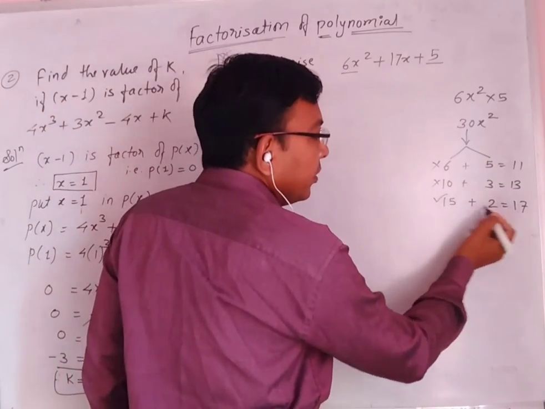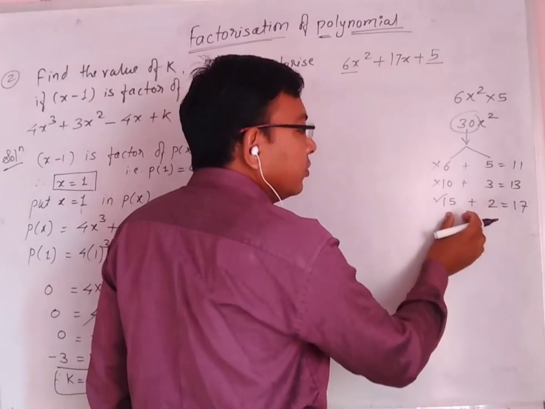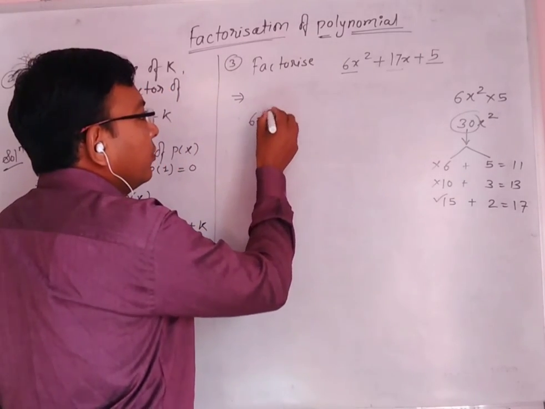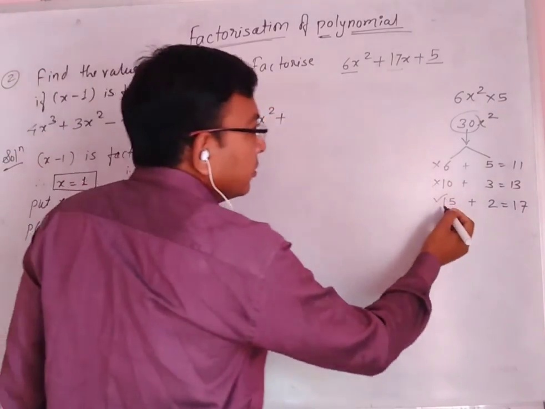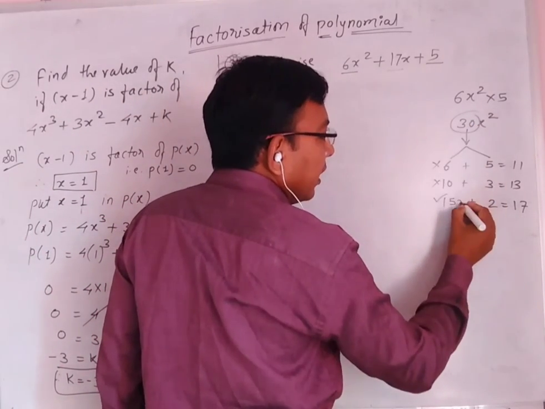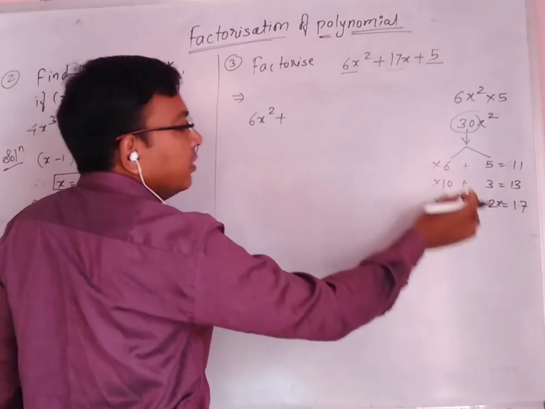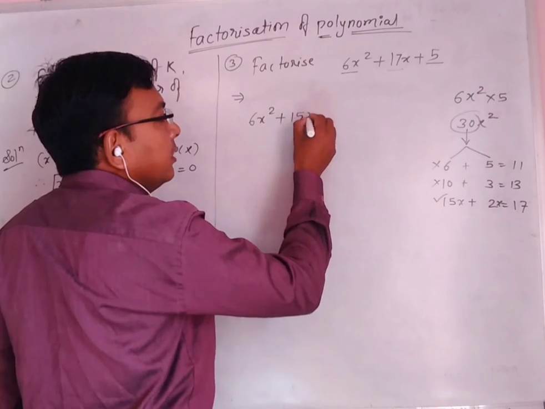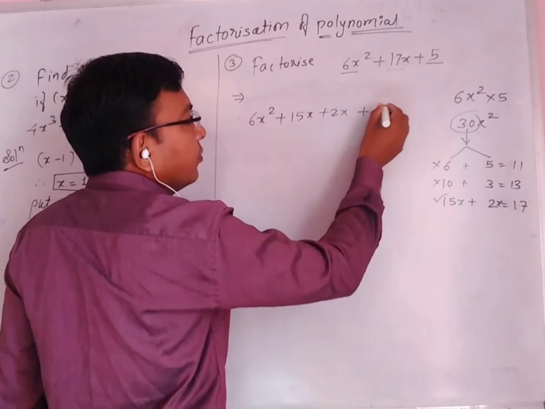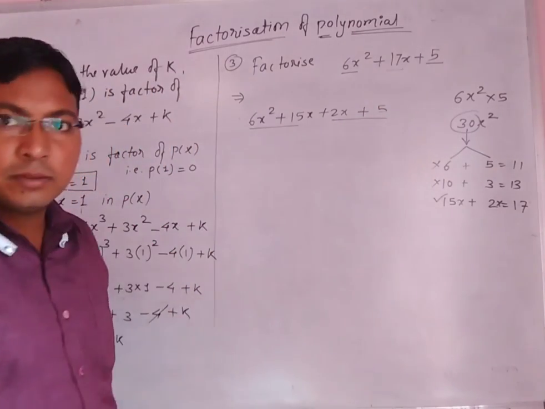15 into 2 gives 30, and when we add these two terms we get the middle term. So 6x square plus this 30, where the factors are 15 and 2, and x square is x and x. So instead of 17x, we will put 15x plus 2x. The last term is 5. Now make pairs of two terms.